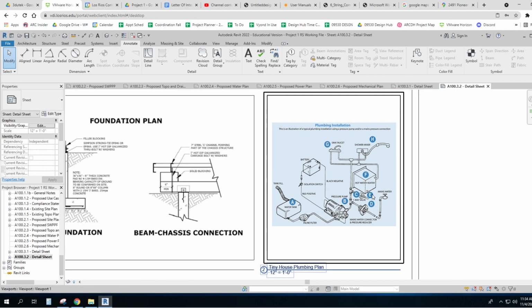Yeah, and I think I typed in mobile home plumbing plan or tiny house plumbing plan, and I just looked at something. I know there's going to be a water tank and a pump, so I tried to find one that had a water tank and a pump, and that's good enough for now, right? They'll get into the details of sizing it and this and that and the other thing.